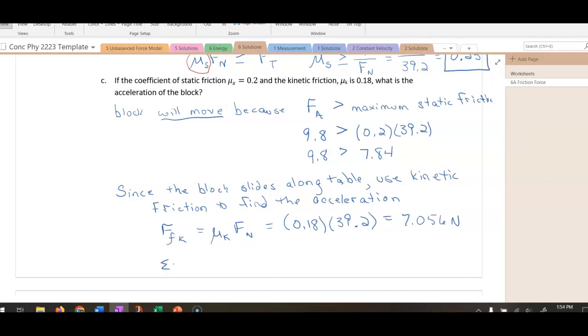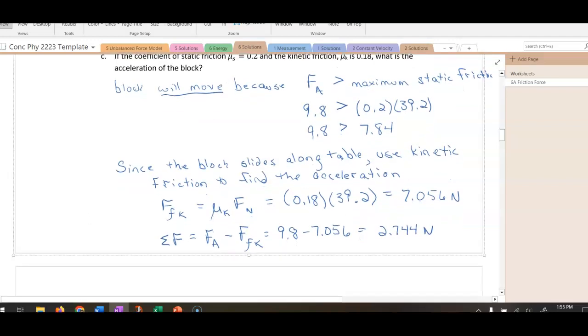So the net force on the block would be the applied force minus the kinetic friction force. And so that would be 2.744 newtons.